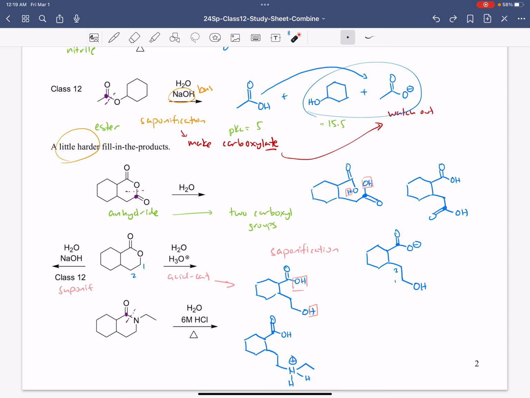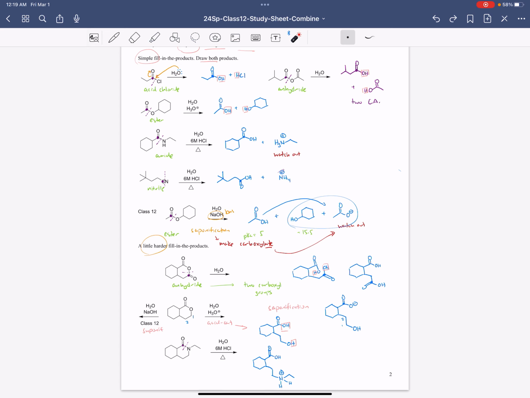Okay. Not bad, right? If you could have this sheet and the sheet before it pretty early in the weekend and study off of it. Essentially, this is a review of our first 4 classes of this next exam.